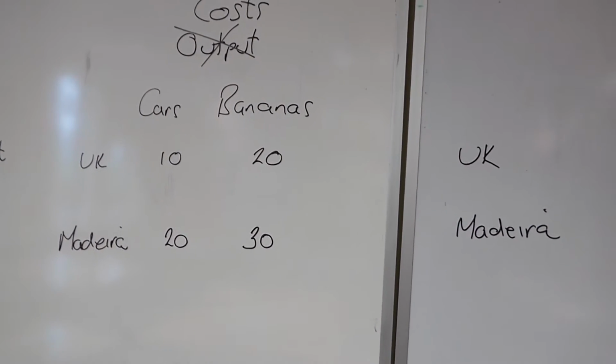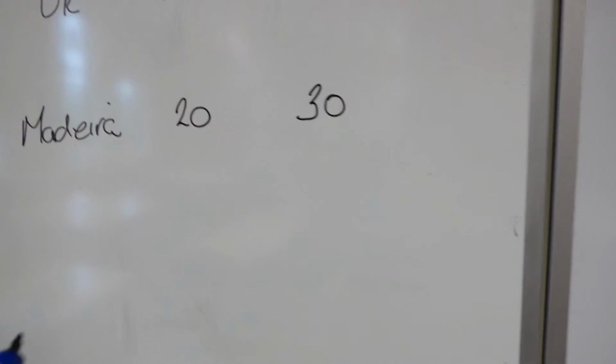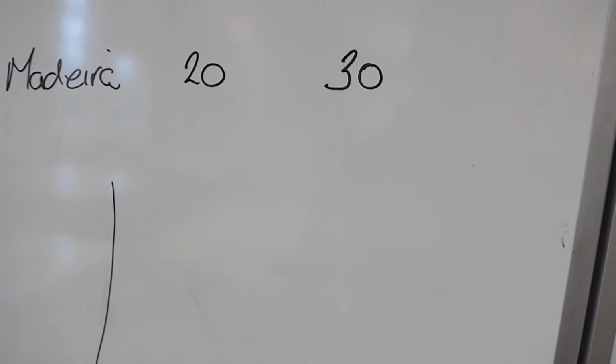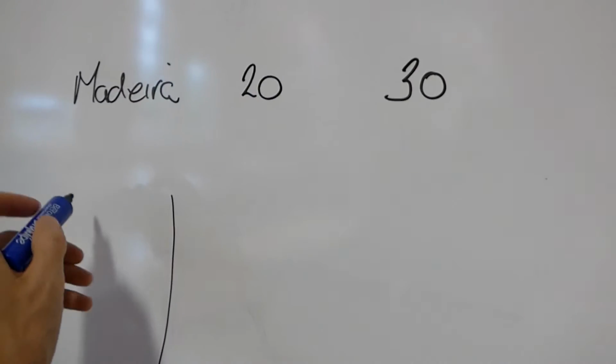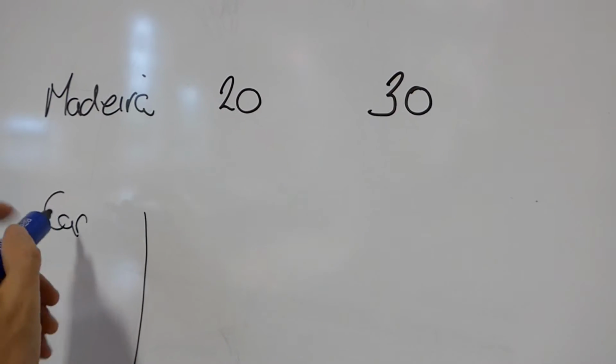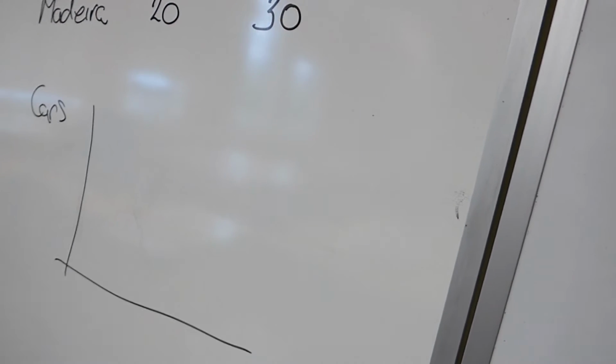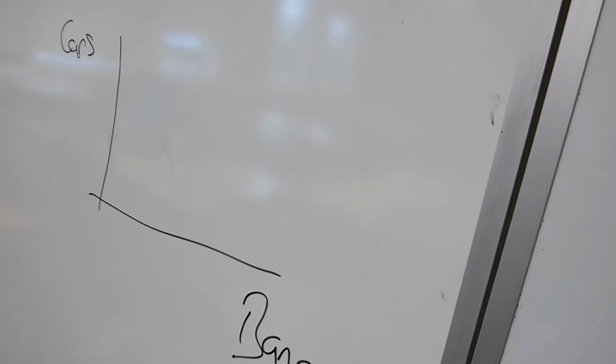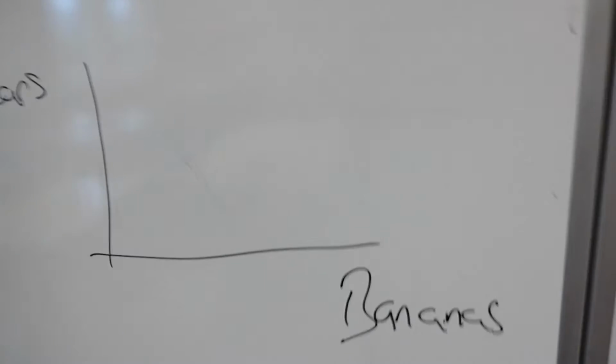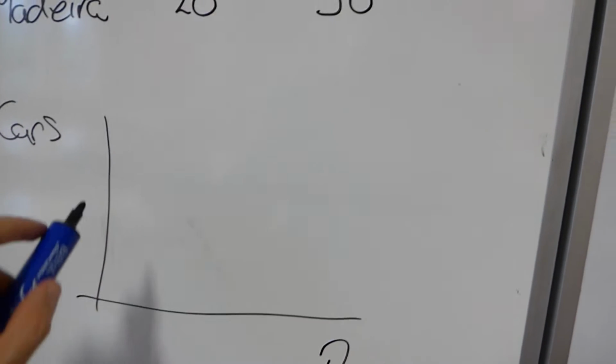I'm using tables. Those of you who follow the OCR textbook will see that on around page 239, 240, 241, rather than use tables, the OCR textbook tends to use diagrams like this.